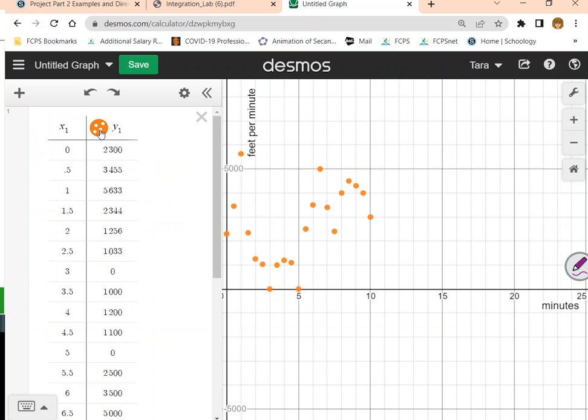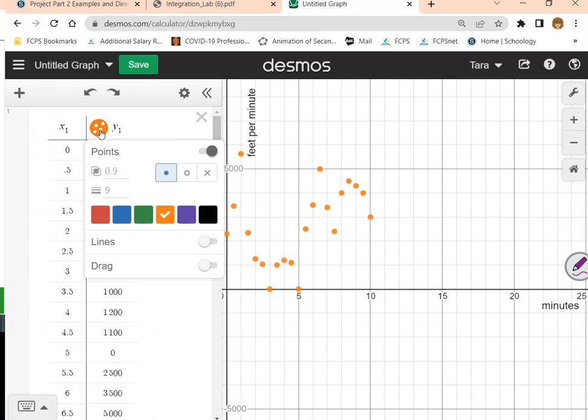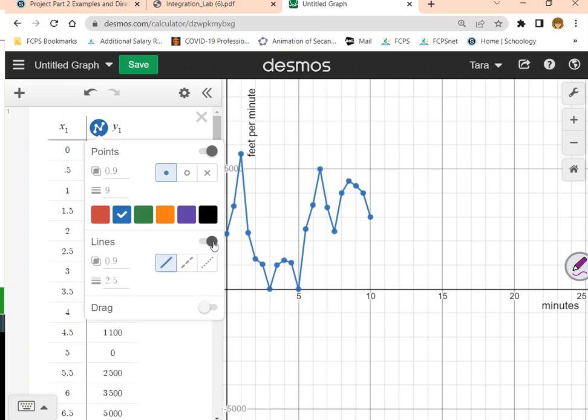If I left click and hold on that, where I can change the color, there's also this little toggle that says lines, and if you turn the toggle on, it connects. We're going to want this connected because we're going to do 2 Riemann estimations of the area underneath it. So I want this to be connected kind of neatly.